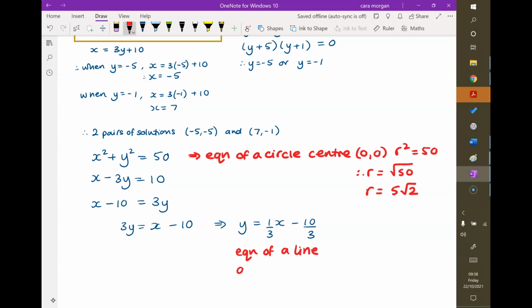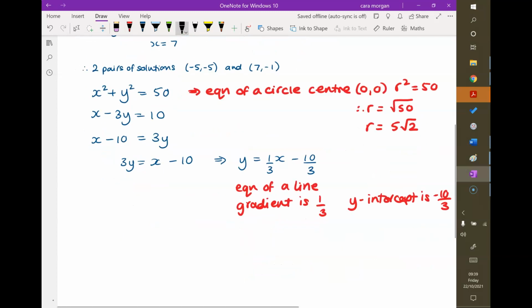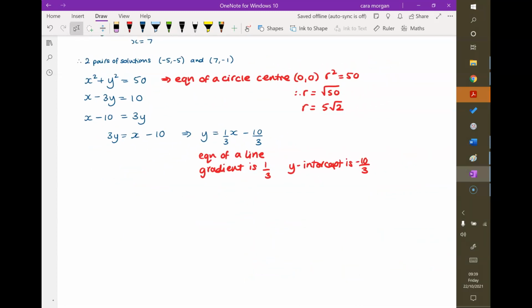I know that the gradient is always the coefficient of x, and the y-intercept is always the constant, which is -10/3.